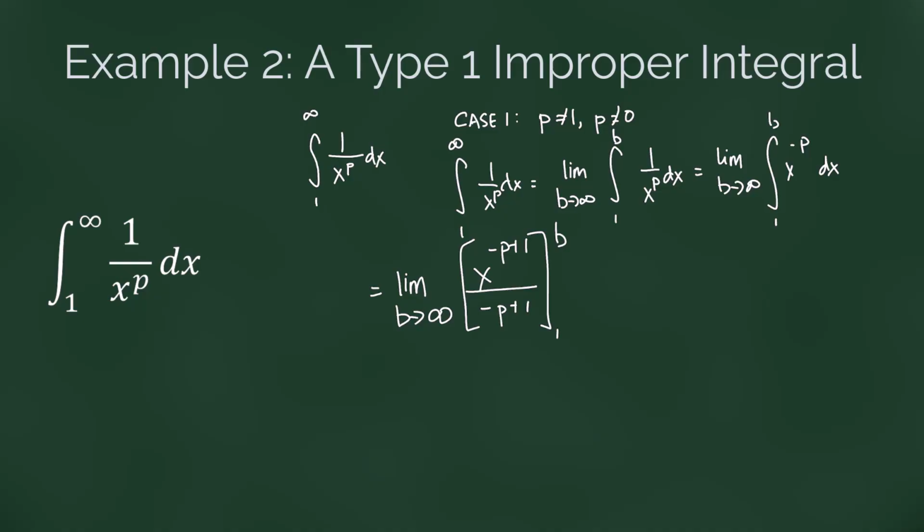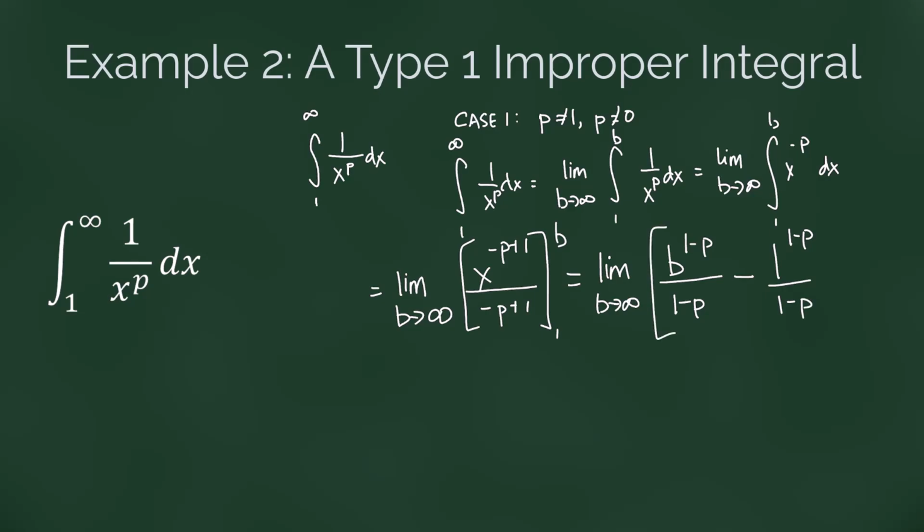When we plug those limits of integration in, we get the limit as b goes to infinity of b to the 1 minus p over 1 minus p, minus 1 to the 1 minus p over 1 minus p.